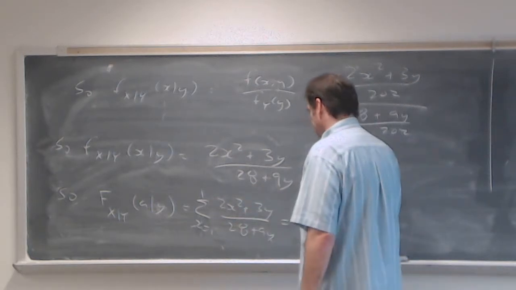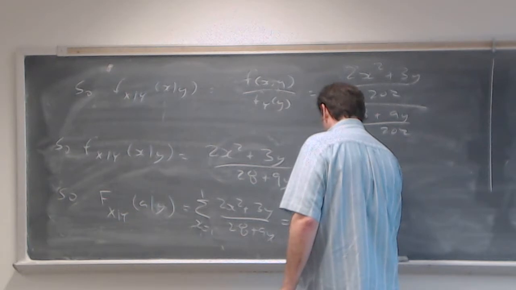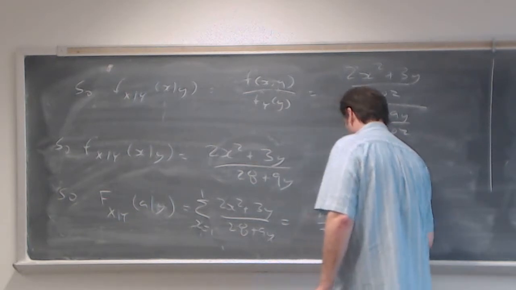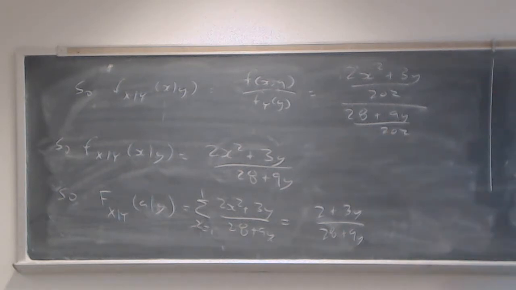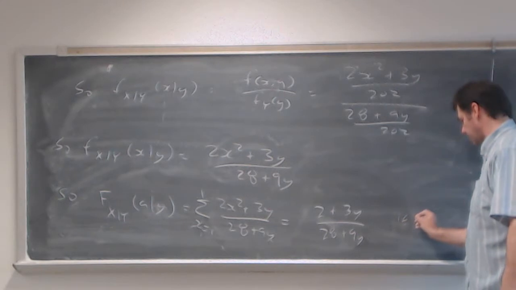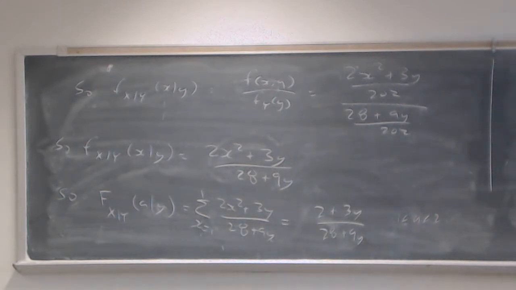So when x is 1, that's 2 plus 3y over 28 plus 9y. And so that's what we obtain here, again for 1 is less than or equal to a is less than 2. So we need to move on to case 3.